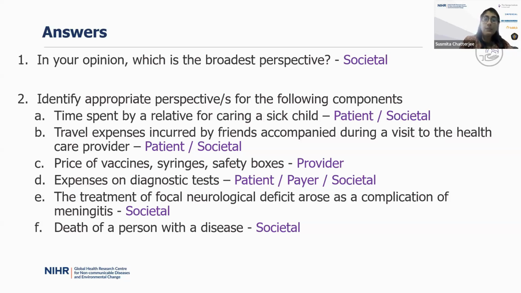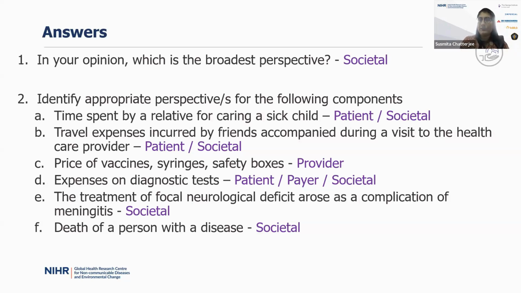The treatment of the complication of meningitis, I would consider as societal, because that's a very broad thing. You are not only thinking about meningitis, you are going to a complication and thinking of the treatment. Your dilemma could be that I did not mention whether it was a treatment cost or a treatment expense.